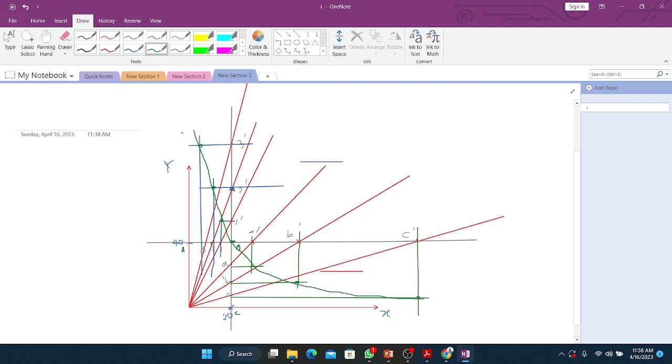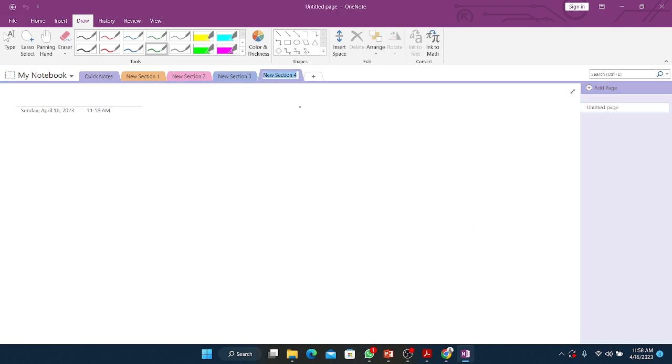In this way you can connect these points. These are the points on the hyperbola. In this way you can complete your sixth question of the assignment. Then we will move to the seventh question.